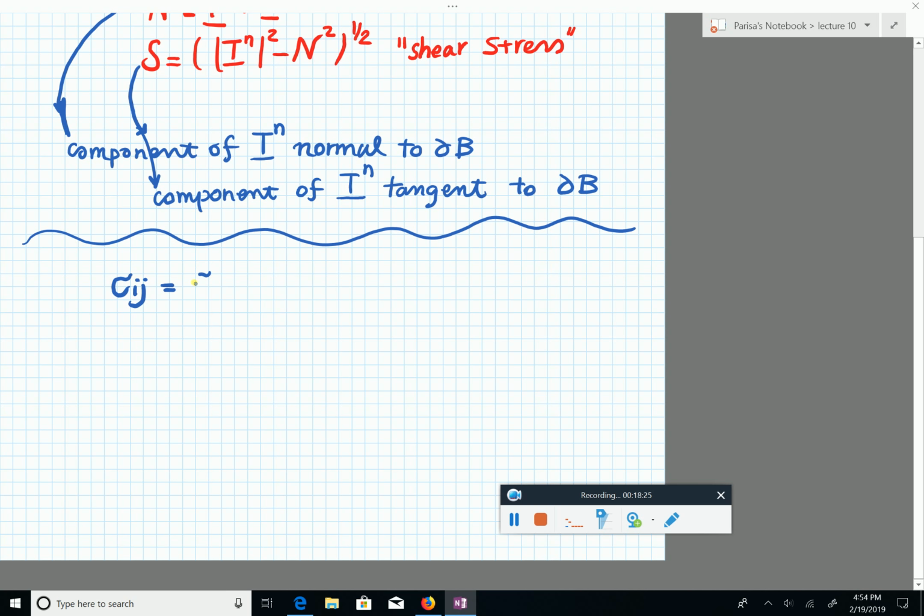I use the same notation as before with tilde and hat. I hope you remember that the spherical or hydrostatic part will be very similar. So instead of E, we just have sigma.